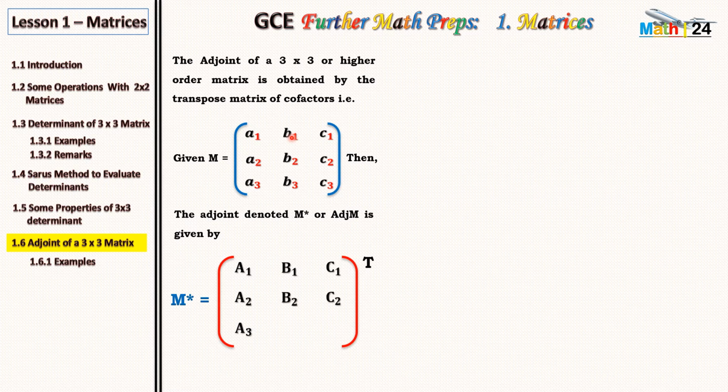So when we have all of these cofactors for each of the entries, we now transpose to have the adjoint of the matrix M. So after having the cofactors, please don't forget to transpose.